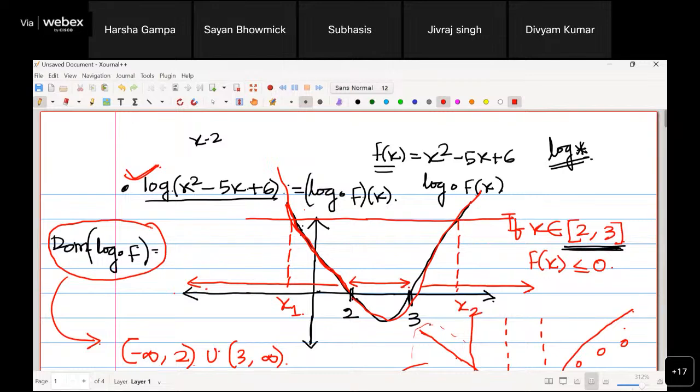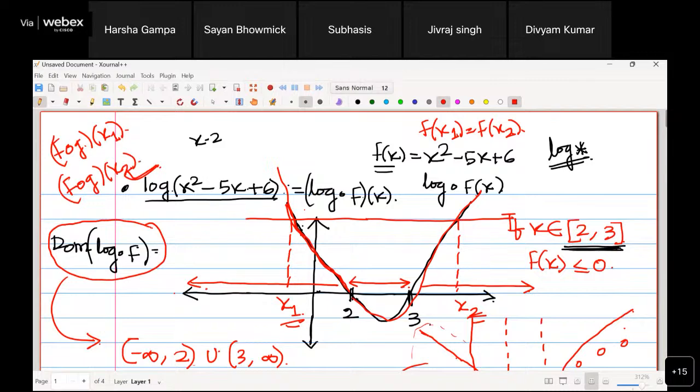So for x1 and x2, f of x1 is the same as f of x2, right? And in x1 and x2, this composition function is well defined, that means x1 and x2 both are in the domain of this composition function. You agree? So now if I take f compose g of x1 and f compose g of x2, then I'll get the same thing, right?